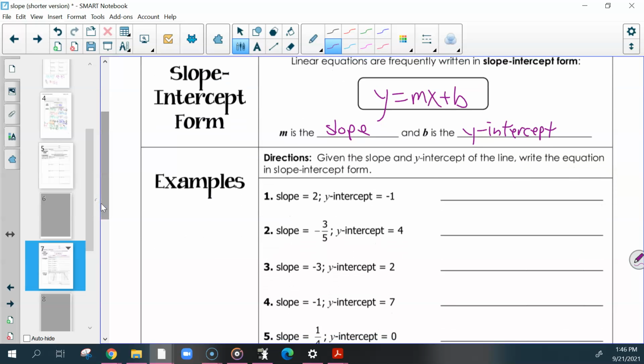So this next part right here should really be with our writing equation, so we might see this part again. But just so you see how these would be written in this format, if I were given, for example, number 1, this slope and this y-intercept, how would I write the equation of the line?